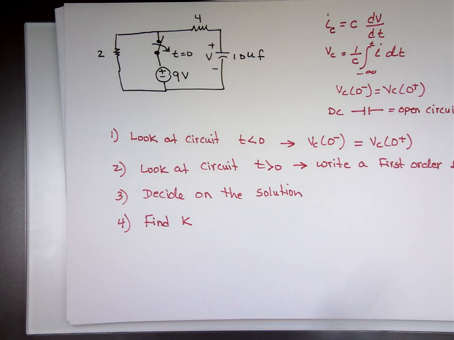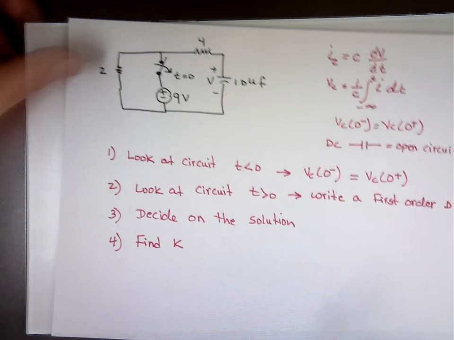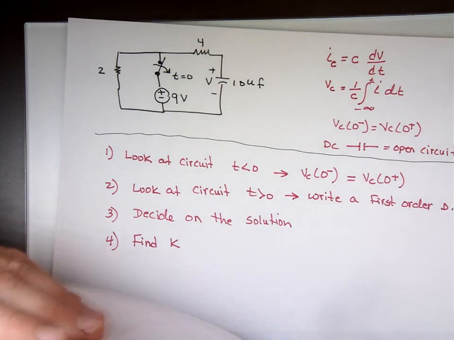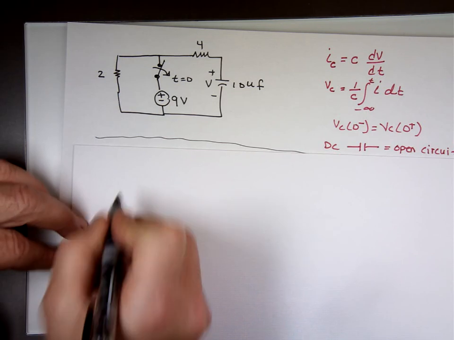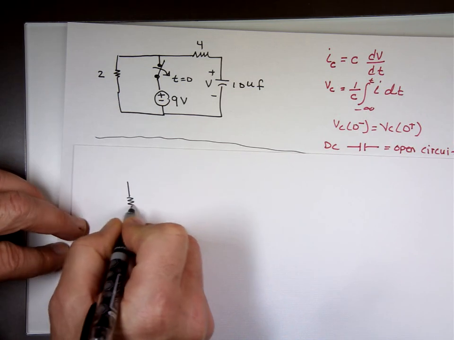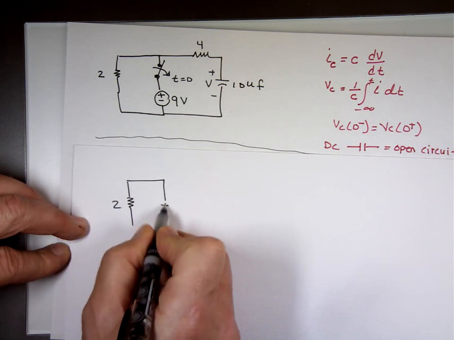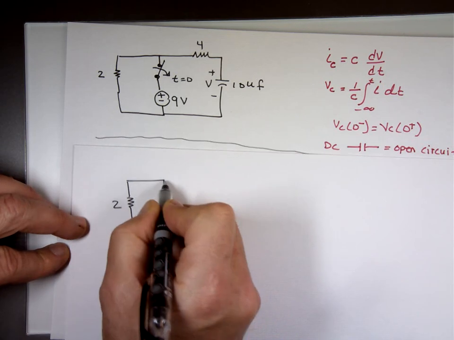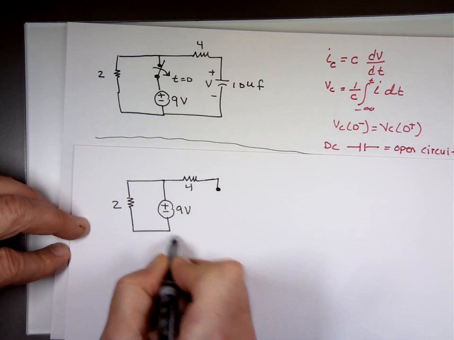Well, let's take the first one. Let's look at the circuit for t less than 0. For t less than 0, the source was connected, and this is going to work as an open circuit. And what is the voltage right here?